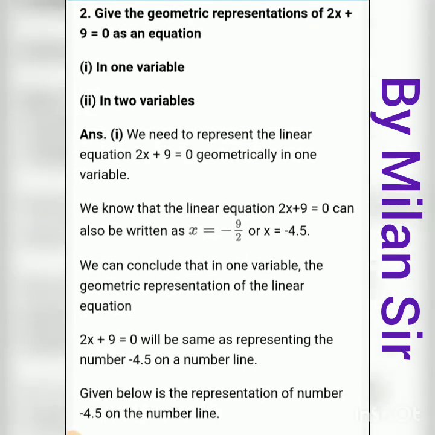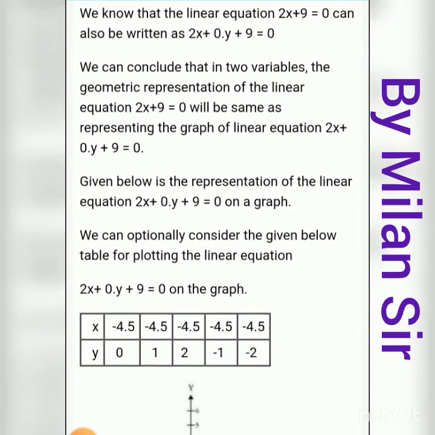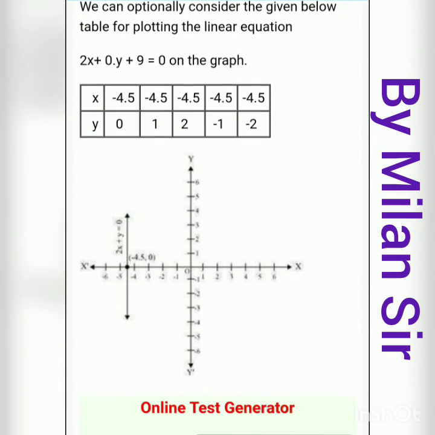Now we need to represent this equation in two variables, right? If we want to represent this equation in two variables, then we need to draw two axes, x-axis and y-axis. But here our value of x, minus 9 by 2, that is minus 4.5, is fixed.